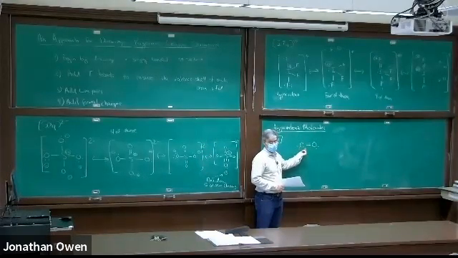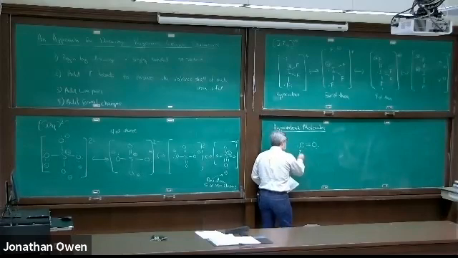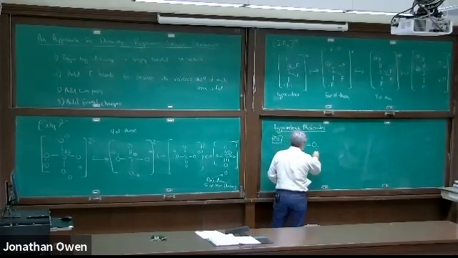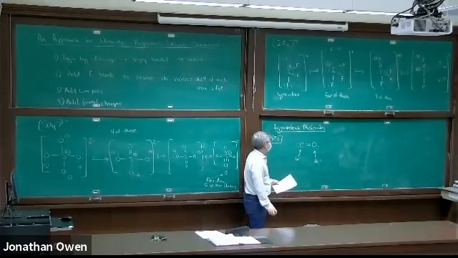Now, you probably haven't seen carbon monoxide drawn this way before. What's another representation of carbon monoxide? How do we draw carbon monoxide? With a triple bond? Triple bond, and where does that come from?